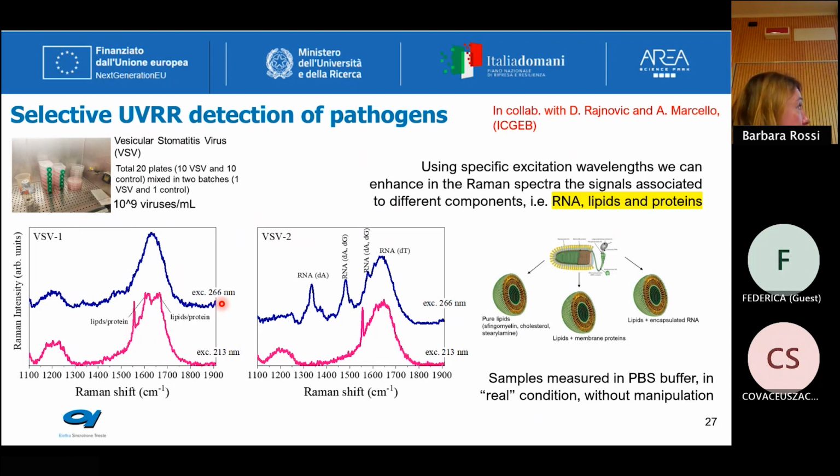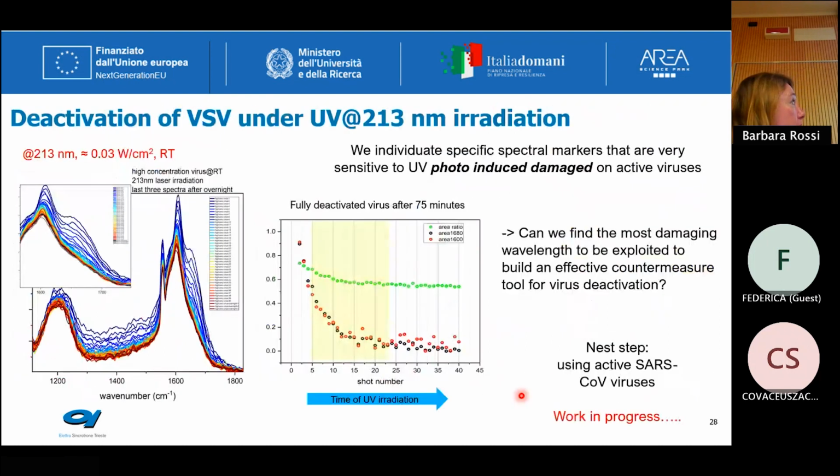And the important thing is that we collect these spectra in the sample in the solvent, PBS buffer, in relatively real conditions, so just after the purification, put in the sample holder, and we measure the spectra without any particular manipulation. In fact, we use this approach also, for example, to investigate in real time the deactivation of this virus under irradiation at 213 nanometer.